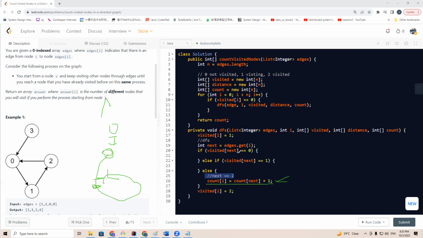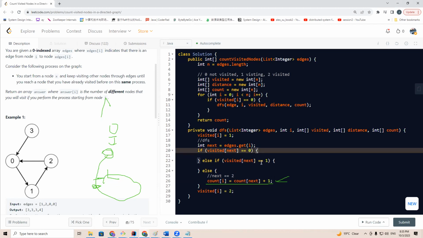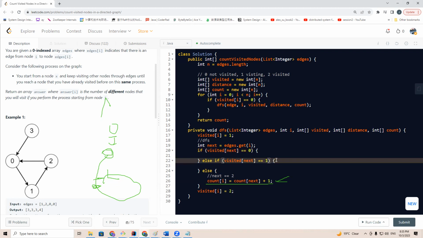So if we are unweighted, what we do is we'll have distance. Let's do the one next equals 1, right? Because that means we detect a circle.